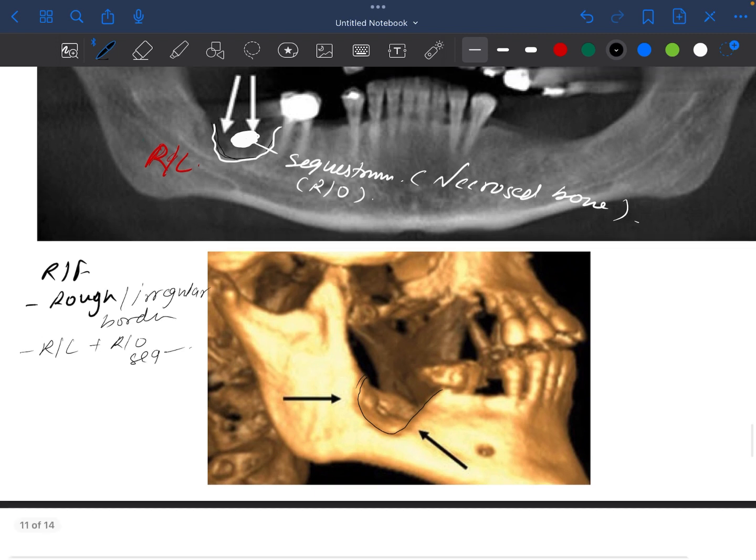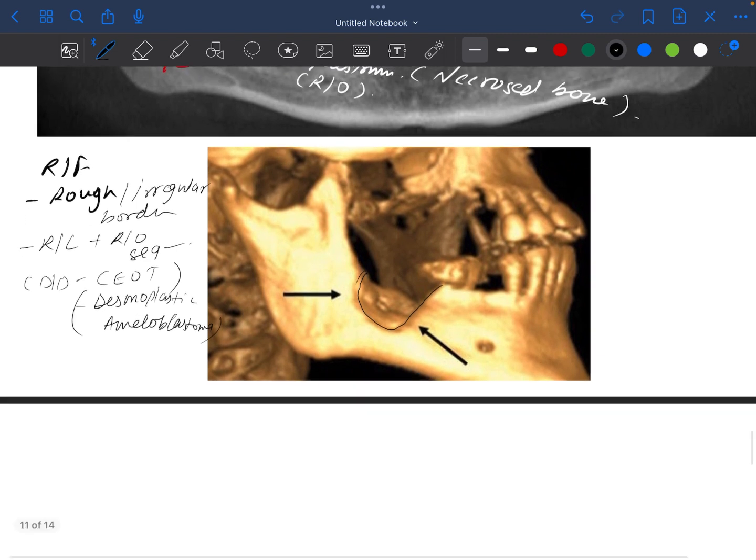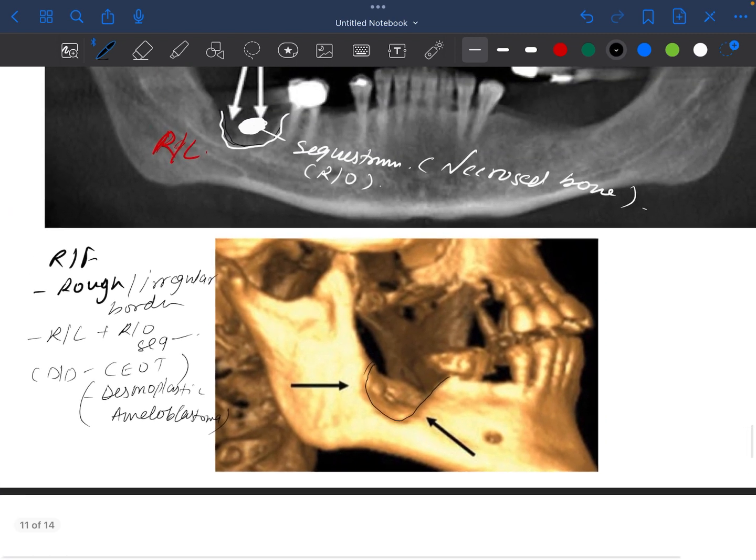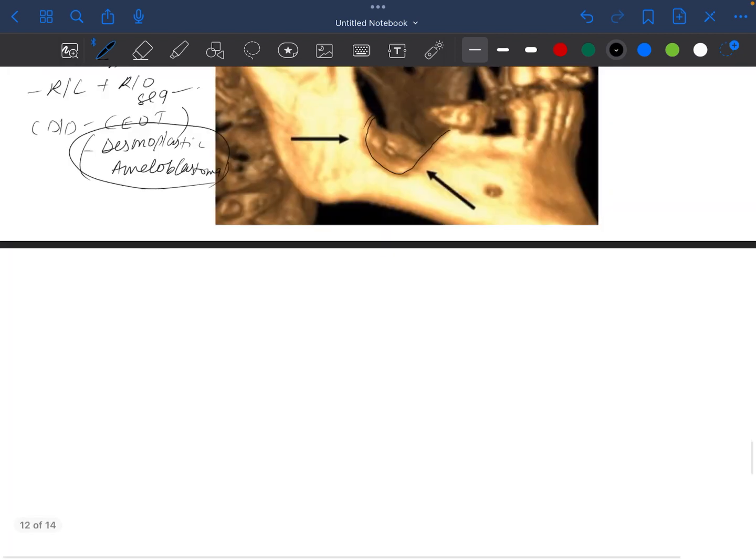This will also make a good differential diagnosis for CEOT and the desmoplastic variant of ameloblastoma. Check out my ameloblastoma videos. You will find out why I said that a mixed lesion could be a differential diagnosis for desmoplastic ameloblastoma. You will find that in there also.